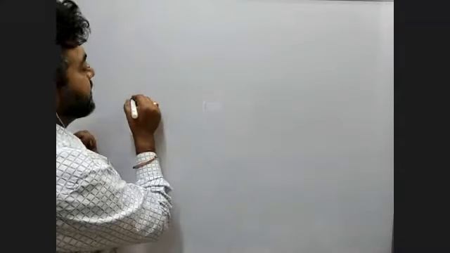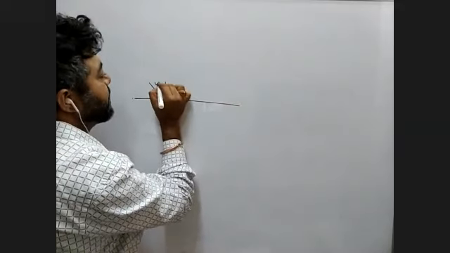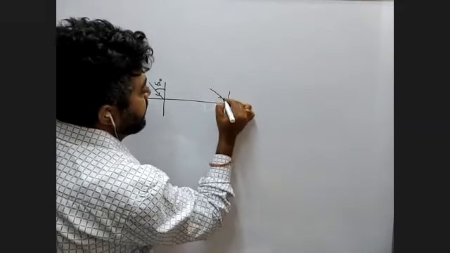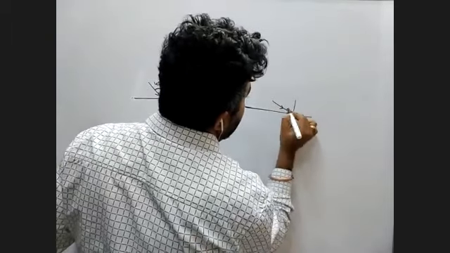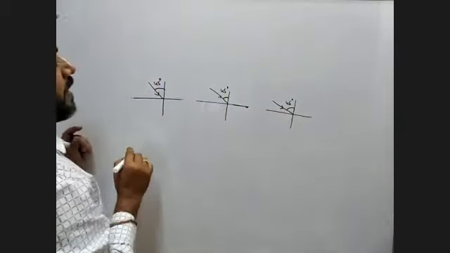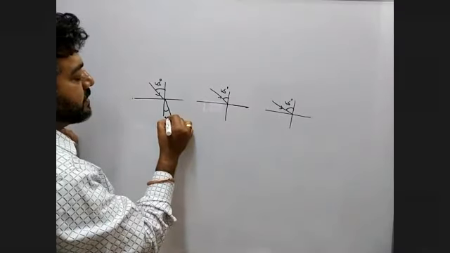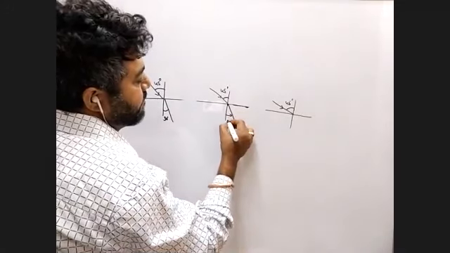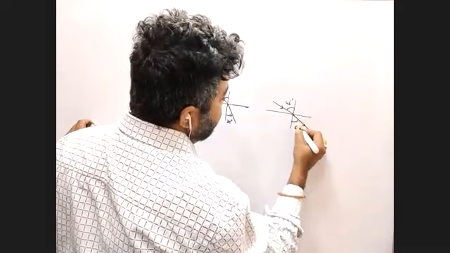Suppose they give you a figure like this. This is the incident ray, 45 degree. Now suppose this one is 30 degree, this one is 35 degree, and this one is 60 degree.